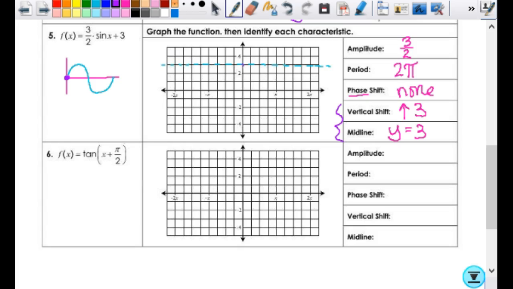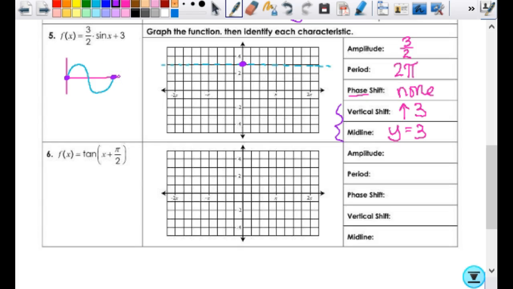And then I see if there's any sort of shift. There is no phase shift. I'm not going left or right. The vertical shift has been taken care of because of the midline, and so that is my point. Okay? Basically, I took it and shifted it up 3, but the midline did that for me, right? The next part you should always graph, because this gets a little bit trickier when you actually have shifts in there, is the end of the period.